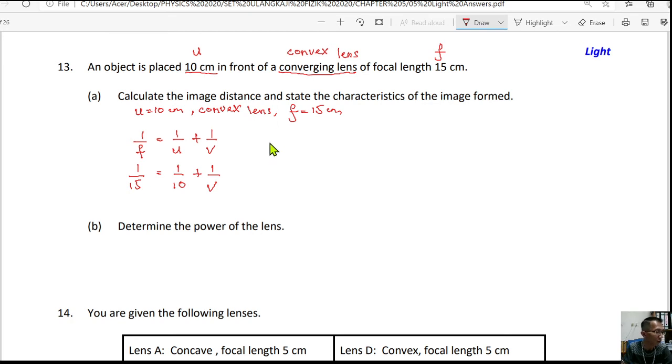You solve for v, and you should be able to get v equals negative 30 centimeter. So this negative tells us that the image must be virtual.